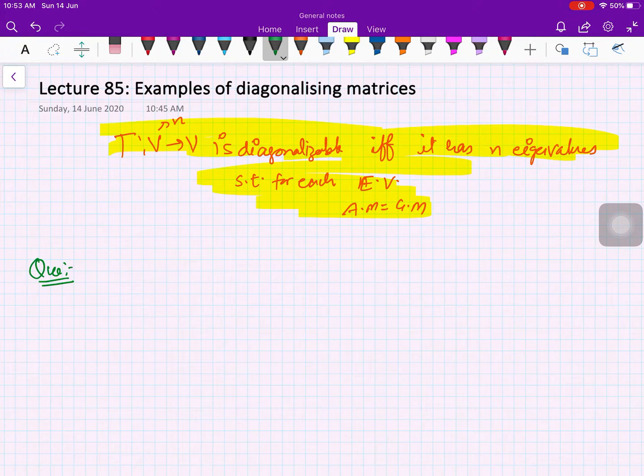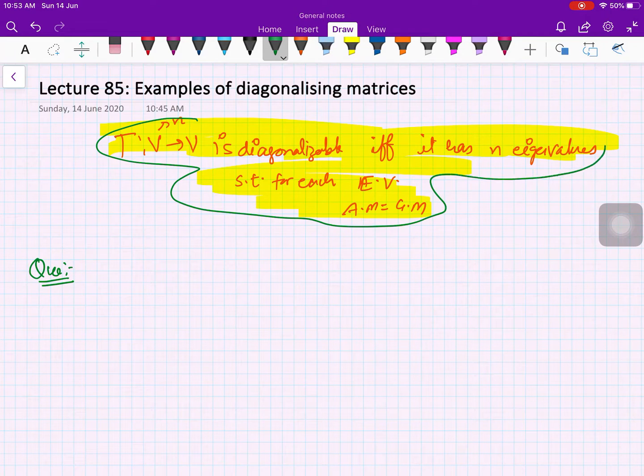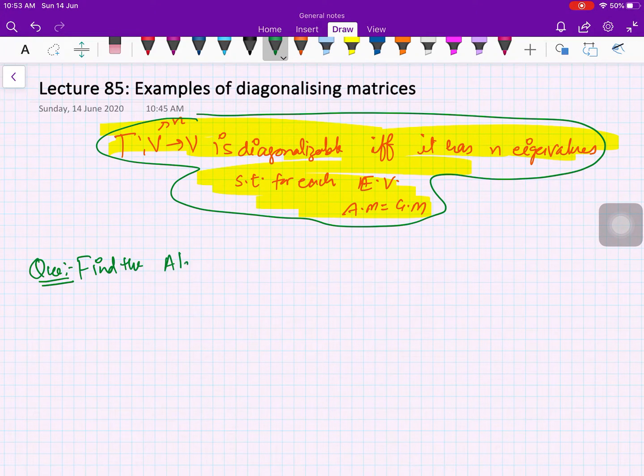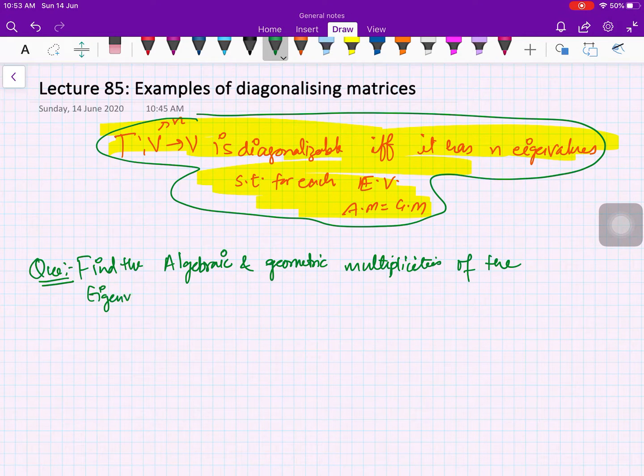So let us look at the first example. We will take 2-3 examples to use this theorem. We'll see how we can use it. Find the algebraic and geometric multiplicities of the eigenvalues of the matrix A equal to 3, 7, 6, minus 1, minus 5, minus 6, 1, 1, 2.